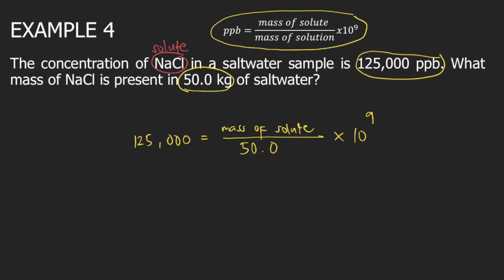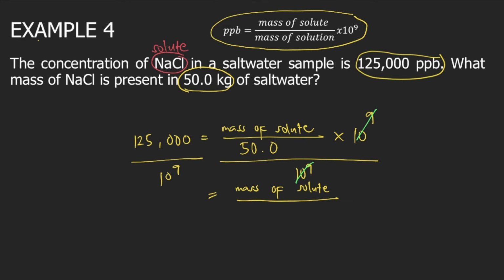So to solve for the mass of solute, divide both sides of the equation by 10 raised to 9. So 10 raised to 9 cancels on the right side, and what remains on the right side is mass of solute divided by 50.0.